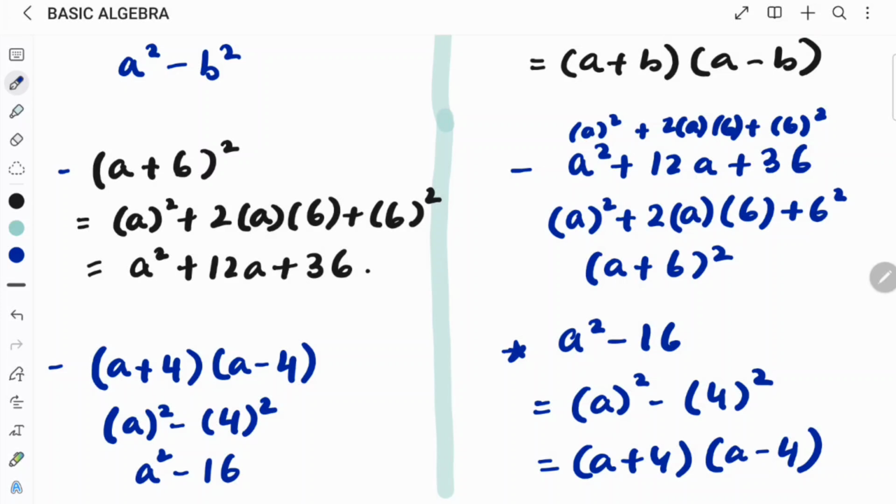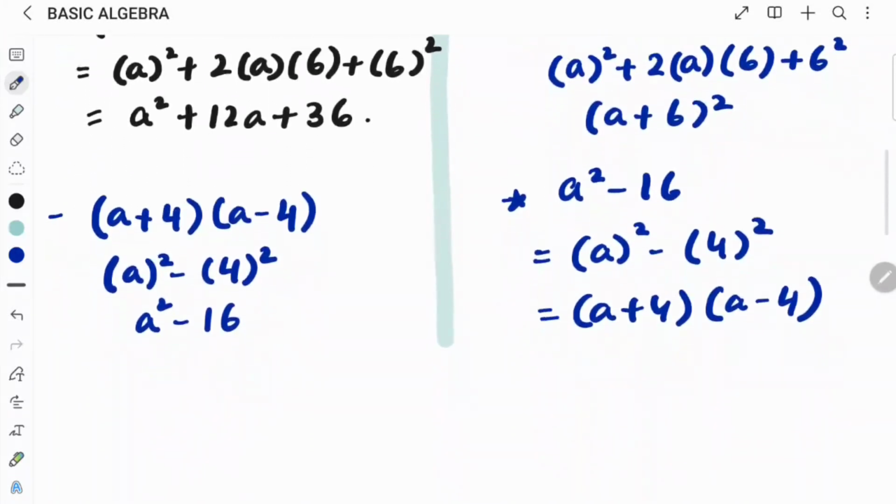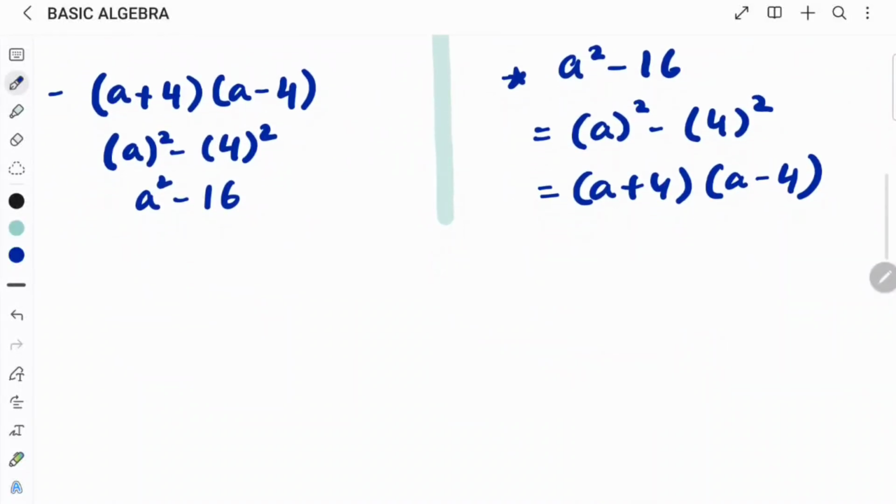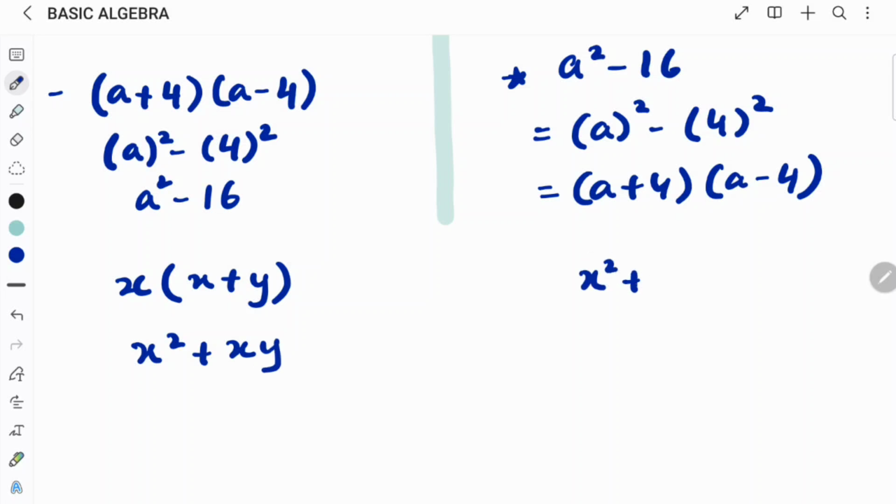Remember. So for example, now if you have a simple question, x into (x plus y), this is a question of expansion, which becomes x square plus xy. But the same thing, if you are given x square plus xy.